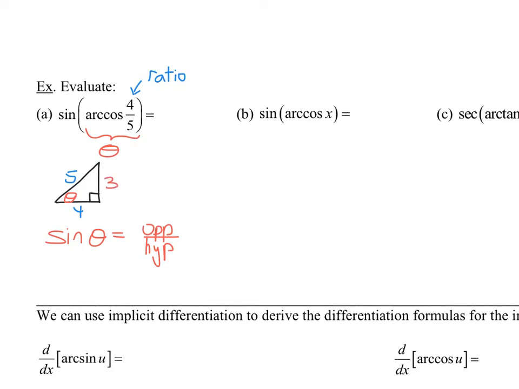All right, so the sine of theta, which is really the sine of the arc cosine of 4/5, because the arc cosine of 4/5 is the same as the theta in this triangle. That sine ratio is 3/5, and so therefore the sine of the arc cosine of 4/5 would actually be 3/5.